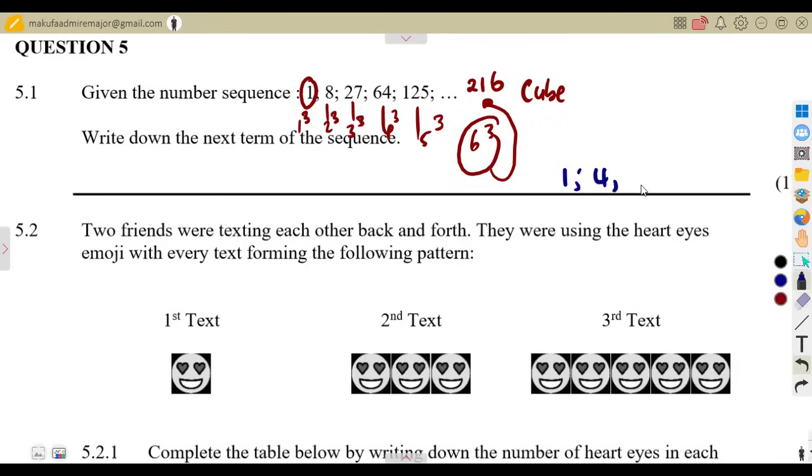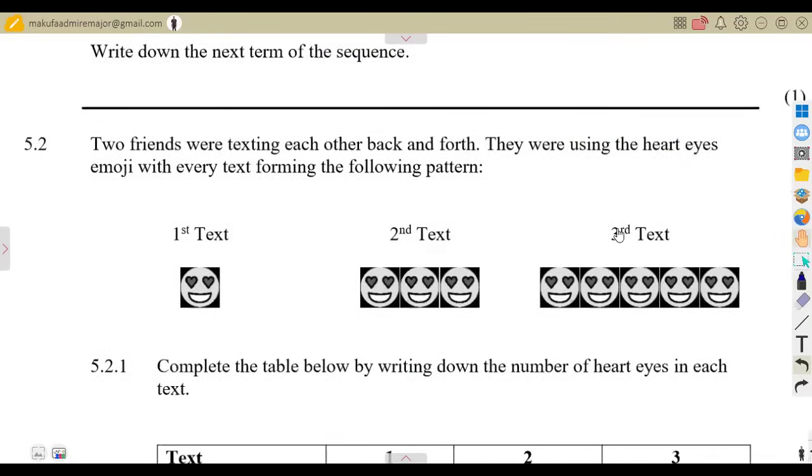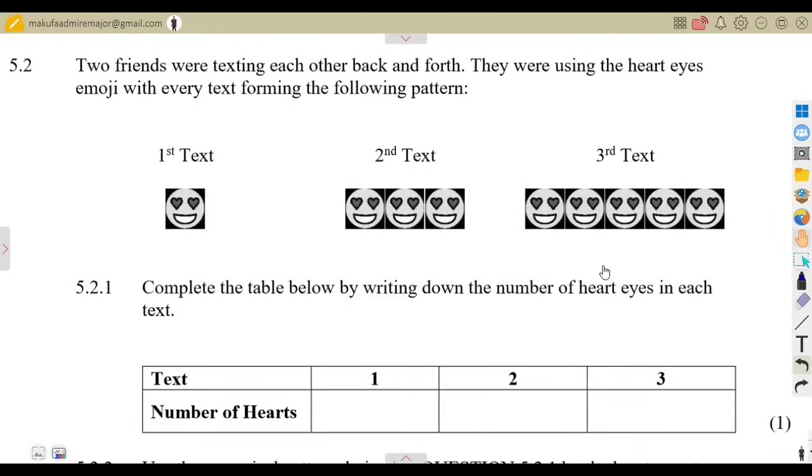These are perfect squares. 1 squared, 2 squared, 3 squared, 4 squared, 5 squared, meaning to say the term that is going to be here is going to be 25. Perfect cubes, perfect squares. You're supposed to know them by heart. Know your perfect squares, know your perfect cubes.